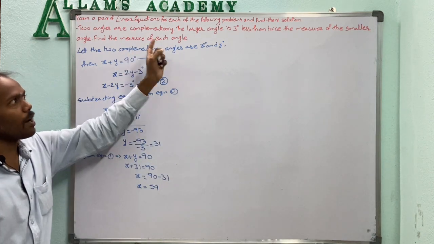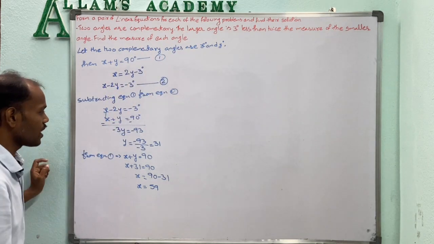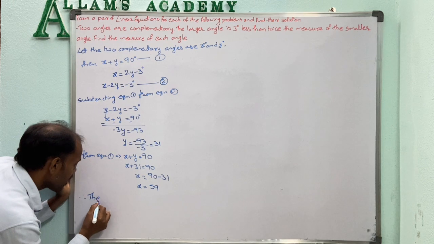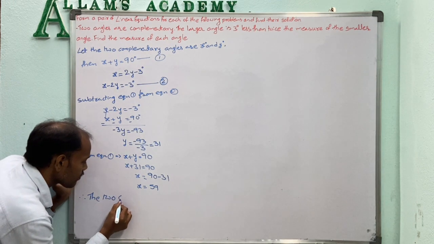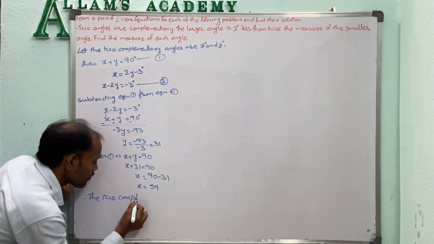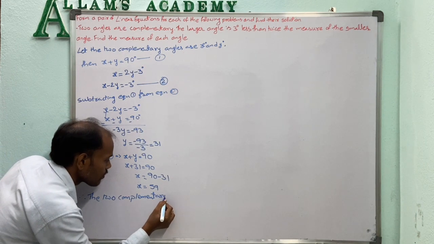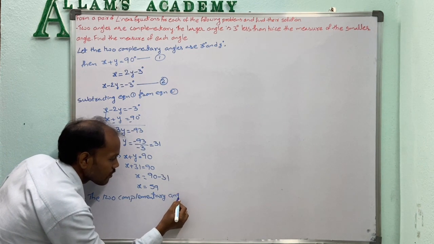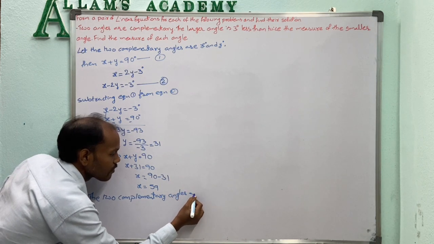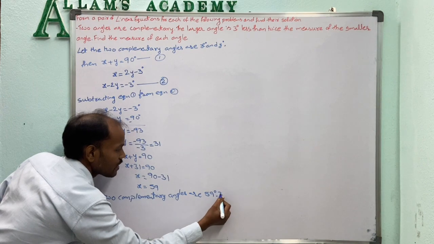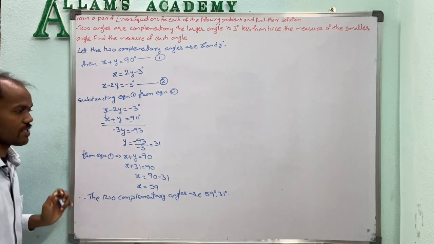So the two complementary angles are 59 and 31 degrees. Therefore the two complementary angles are 59 degrees and 31 degrees.